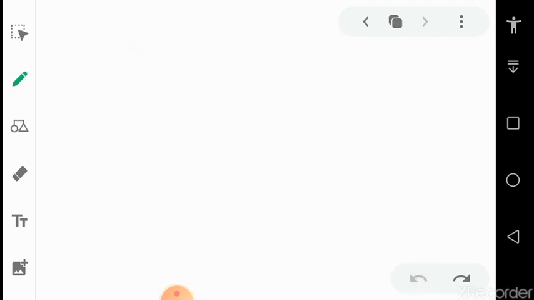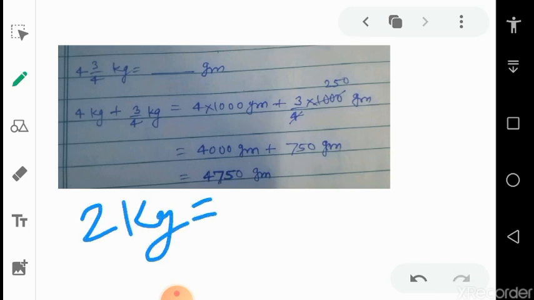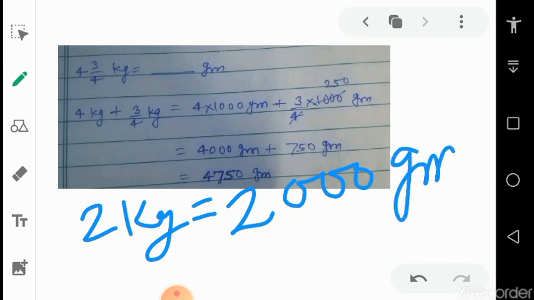So be careful. Now one more thing, suppose we are converting 2 kg into gram, then it will be 2000 gram. Again see that property of magnitude. Here we have two numerical values, 2 and 2000. It is not the case that 2000 is bigger than 2 in quantity.